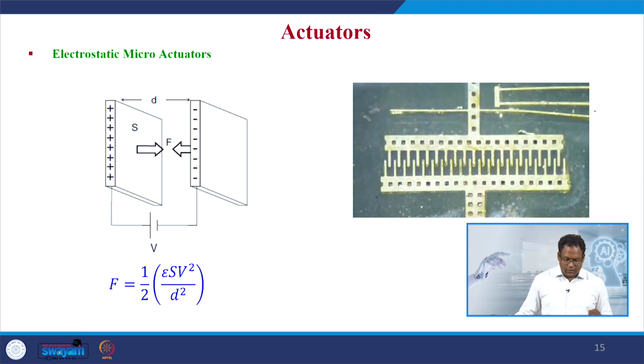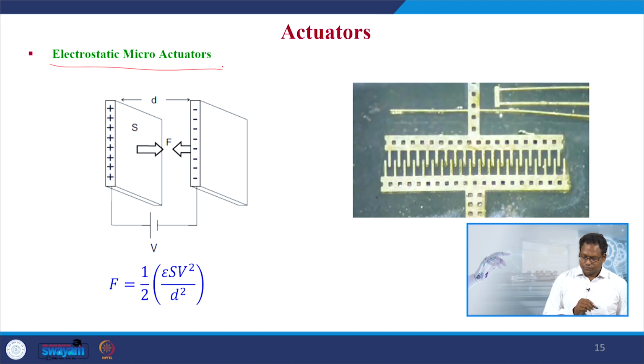Now, coming to the final actuator part, which is the electrostatic microactuator, which means the actuators used in micro robots. One of the most commonly used actuators is the electrostatic microactuator. The working principle is such that when we apply voltage to two parallel plates or two parallel electrodes or capacitor plates, a force, the so-called electrostatic force, is developed.